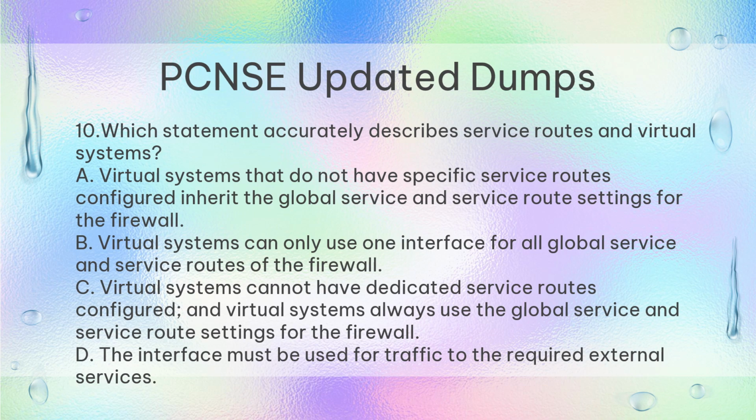C. Virtual systems cannot have dedicated service routes configured, and virtual systems always use the global service and service route settings for the firewall. E. The interface must be used for traffic to the required external services.